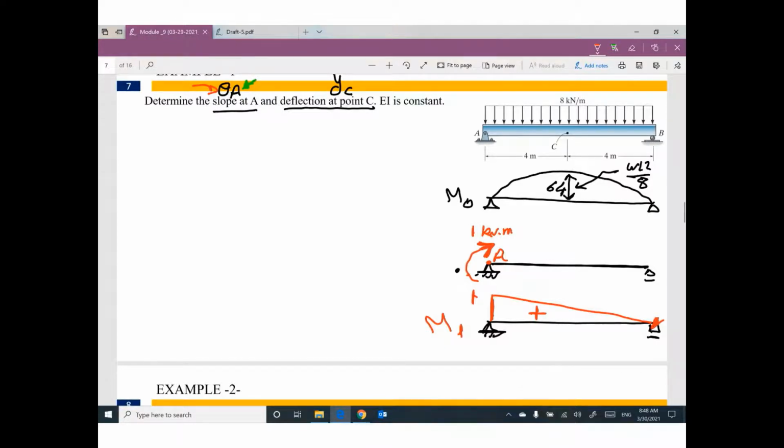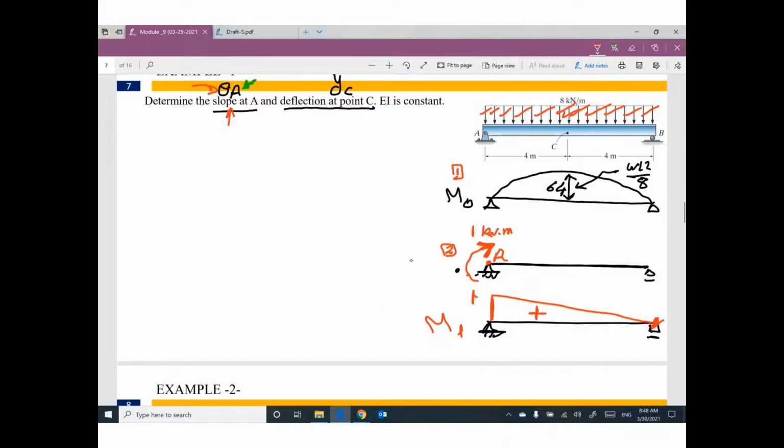Any question so far? One more time. First step, we need to draw the bending moment diagram due to the given load. Second step, we need to remove the given load and put 1 unit moment at the location where you are looking for theta.